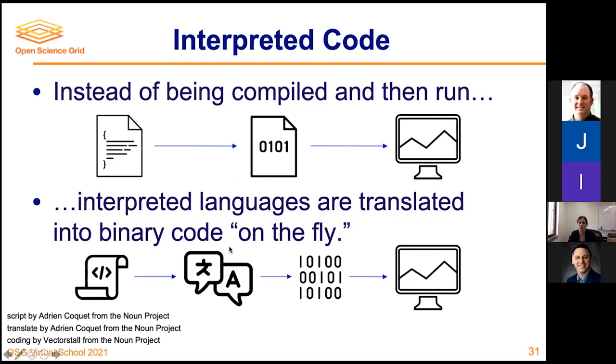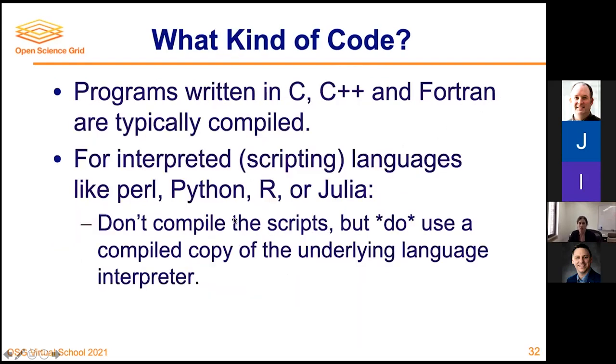So a lot of scripting languages are like this. Programs written in C, C++, and Fortran are compiled, like the process described a couple slides ago. For interpreted or scripted languages, you don't compile the scripts. However, you do use a compiled copy of the underlying interpreter.